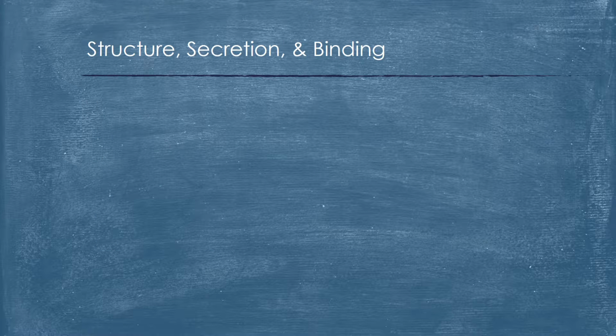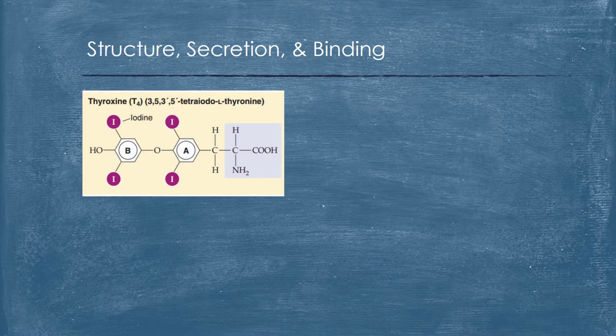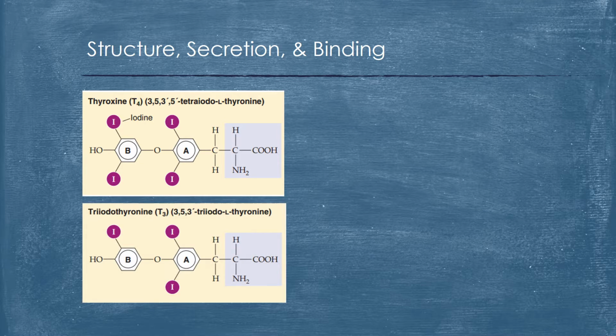First, starting with the structure, we've talked about the structure in the previous slides, and this is the difference. The only difference between thyroxine and triiodothyronine is the presence of this iodine in the outer ring. This is the outer ring here.